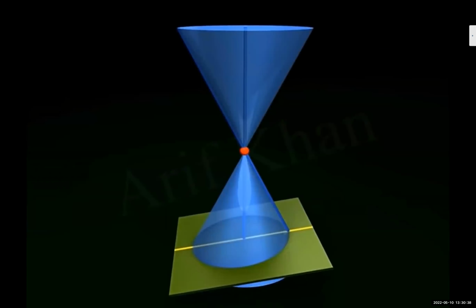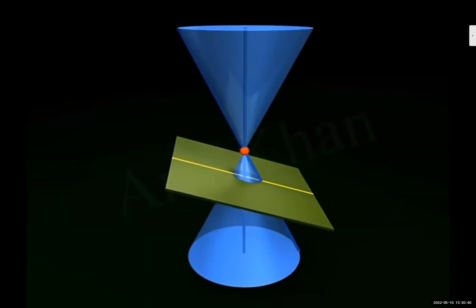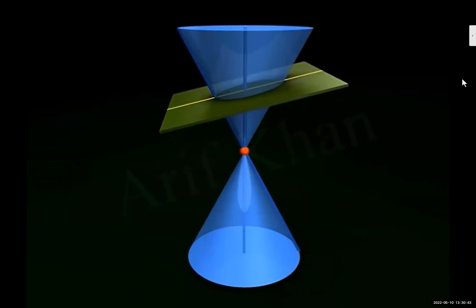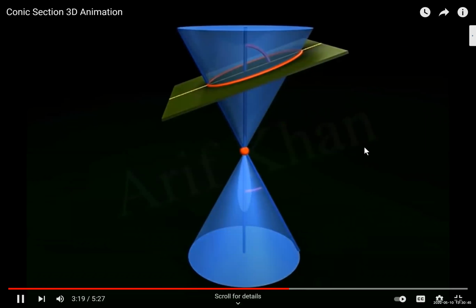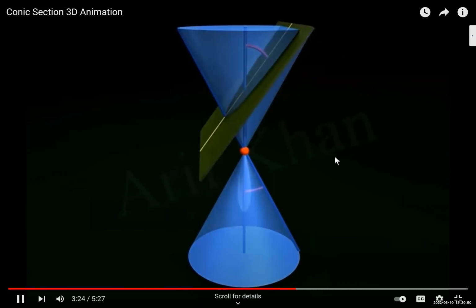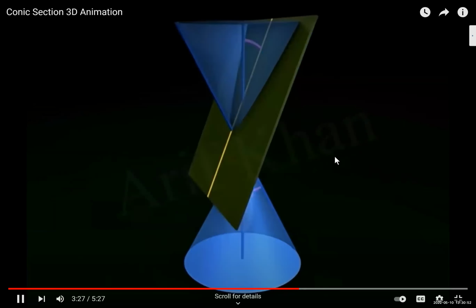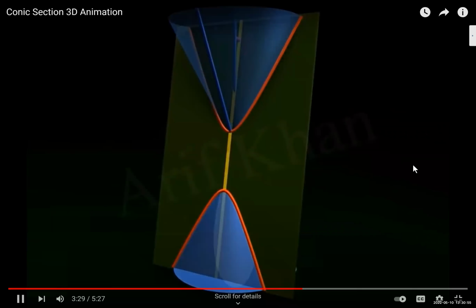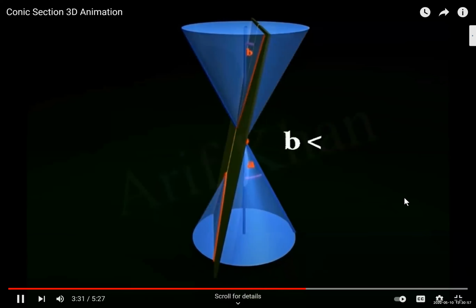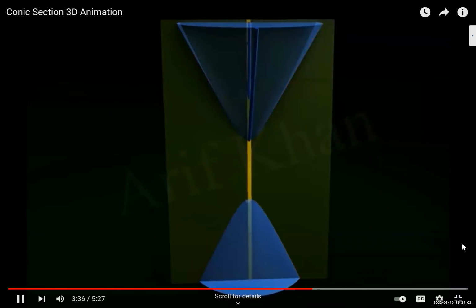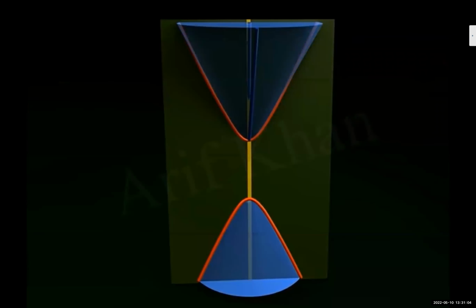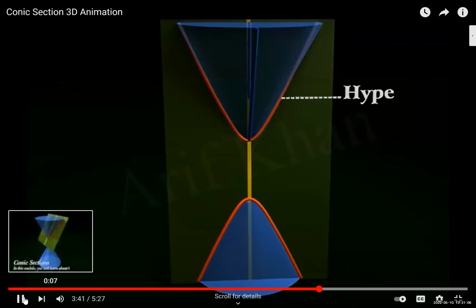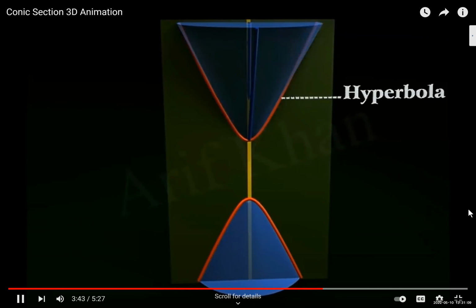The plane intersects only one nap of the double right circular cone as long as the angle between the plane and the vertical axis is greater than or equal to the vertex angle. However, if the plane intersects the vertical axis at an angle smaller than the vertex angle, the plane intersects both the naps of the cone to form an open curve called a hyperbola, which has 2 disjoint curves.